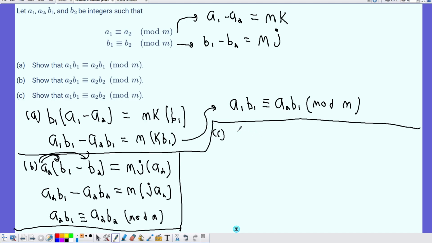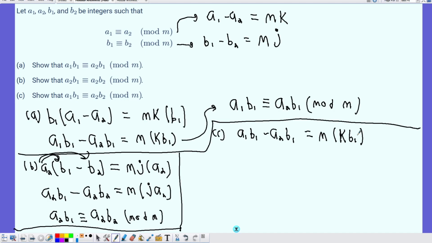We have shown that A1 times B1 minus A2 times B1 is equal to M times K times B1.